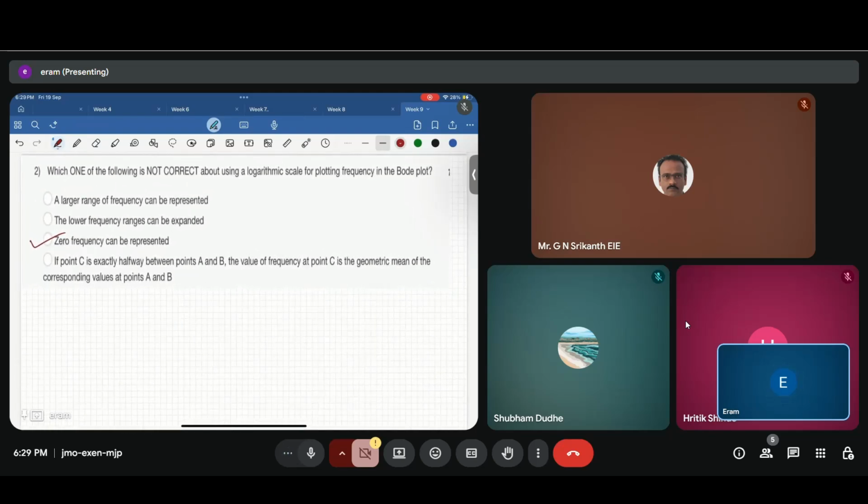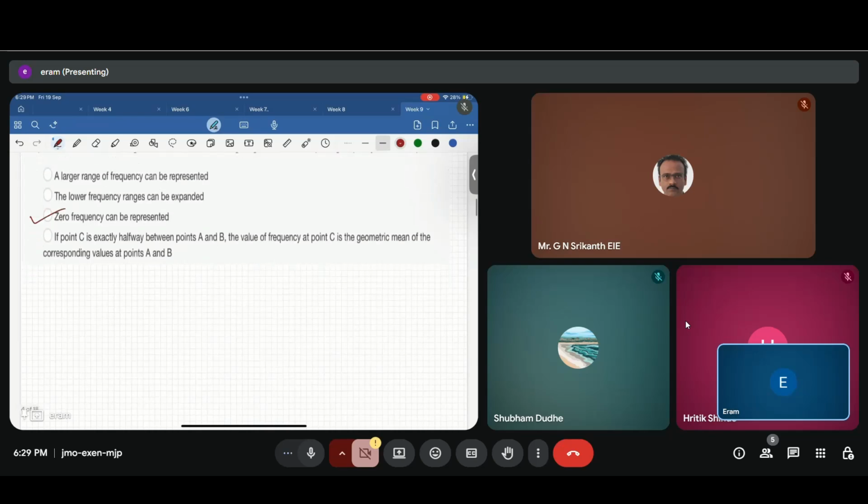What about the fourth option then? If point C is exactly halfway between points A and B, the value of frequency at point C is the geometric mean of the corresponding values at point A and B. Tell me one thing.